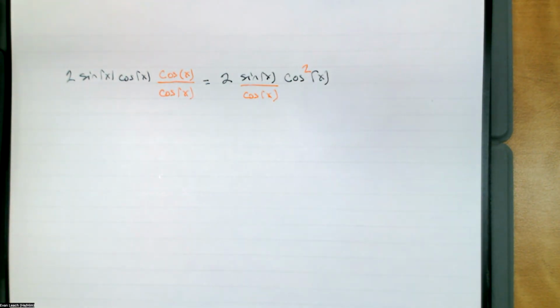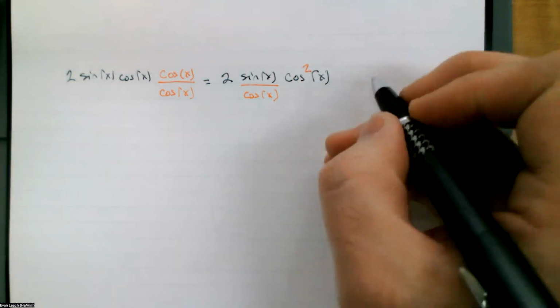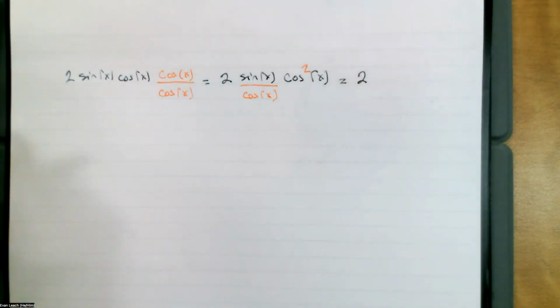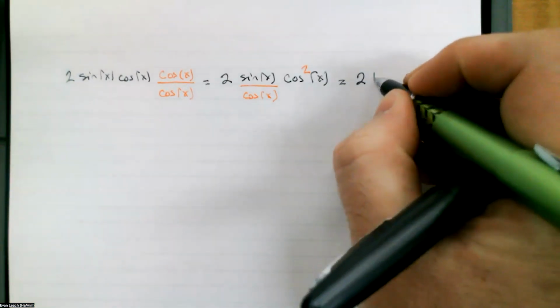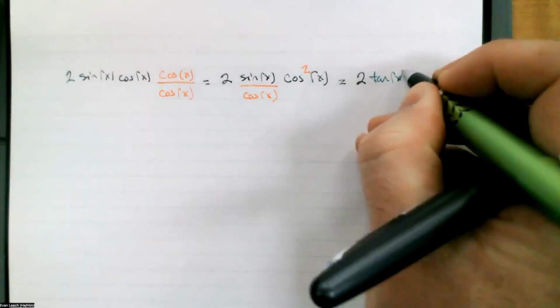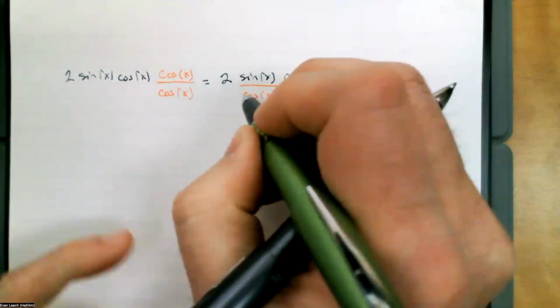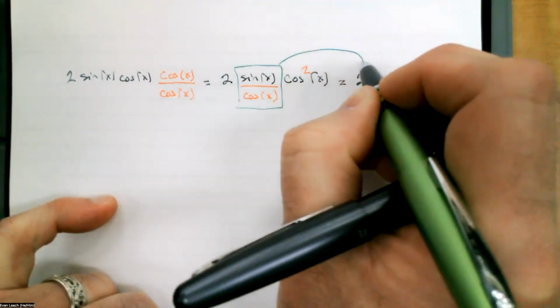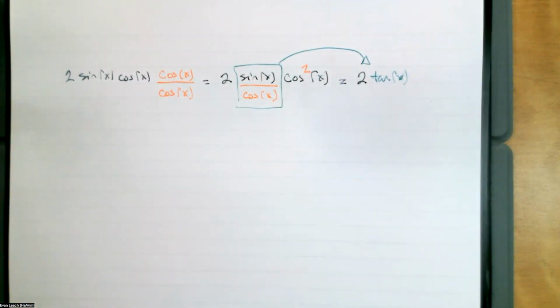Now that sine x over cosine x is going to be written as tangent, because sine x over cosine x is equal to tangent. But you're like, oh, dude, that does not look like what you have written down.